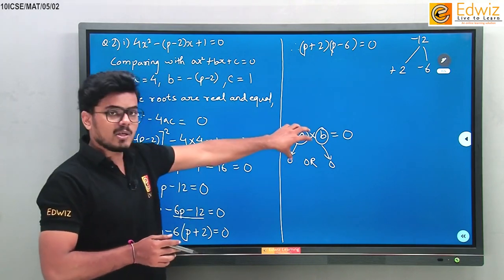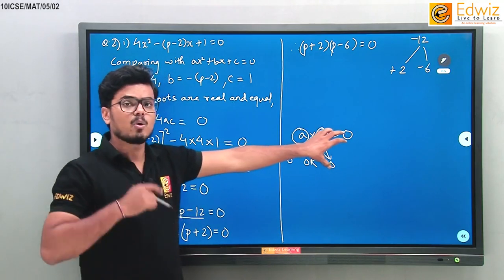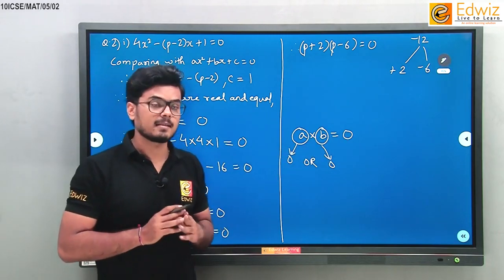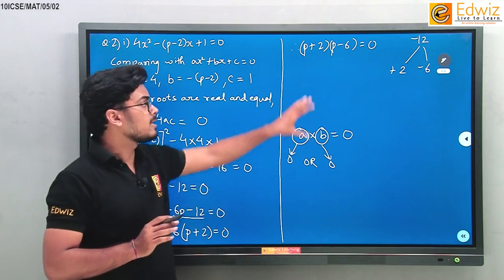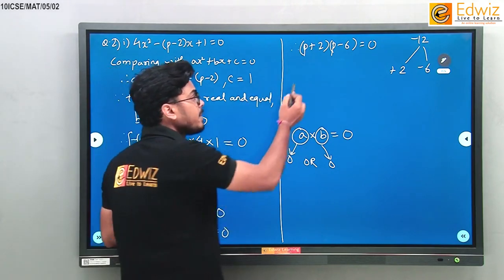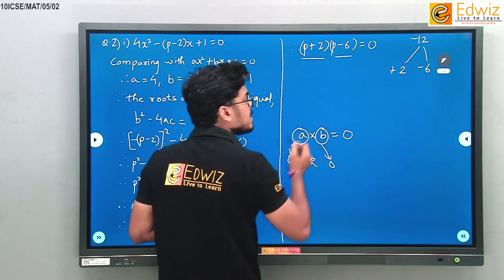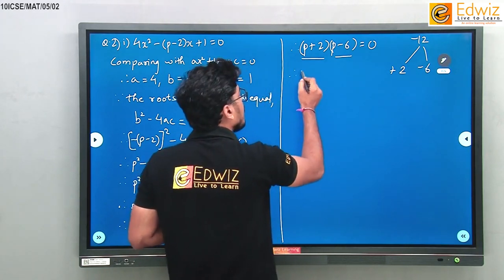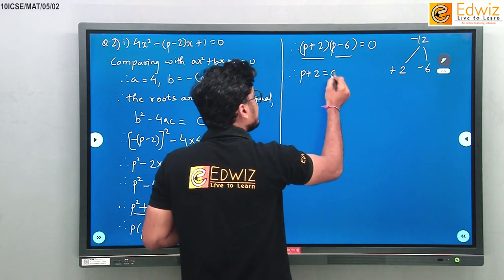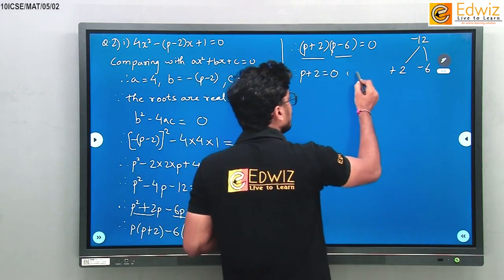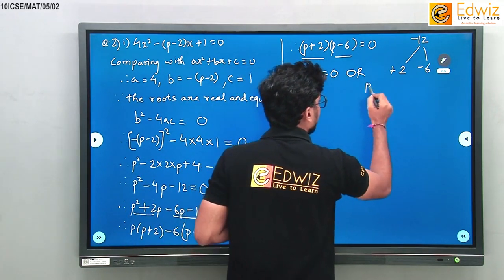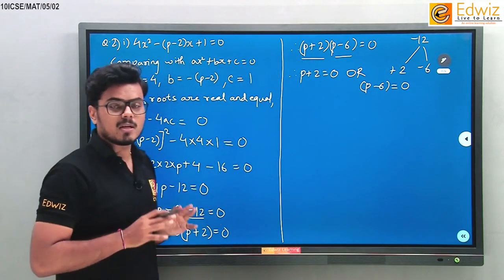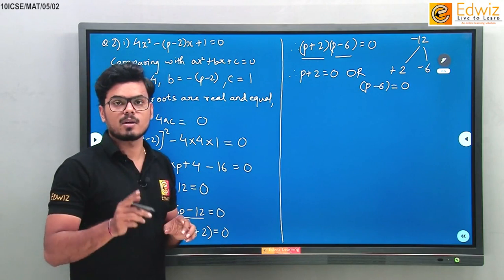So either A has to be 0 or B has to be 0. Only then is the multiplication equal to 0. Correct? Same logic we use in quadratic equations. So if the product of these two numbers is equal to 0, that means p plus 2 has to be 0 or p minus 6 will be equal to 0.